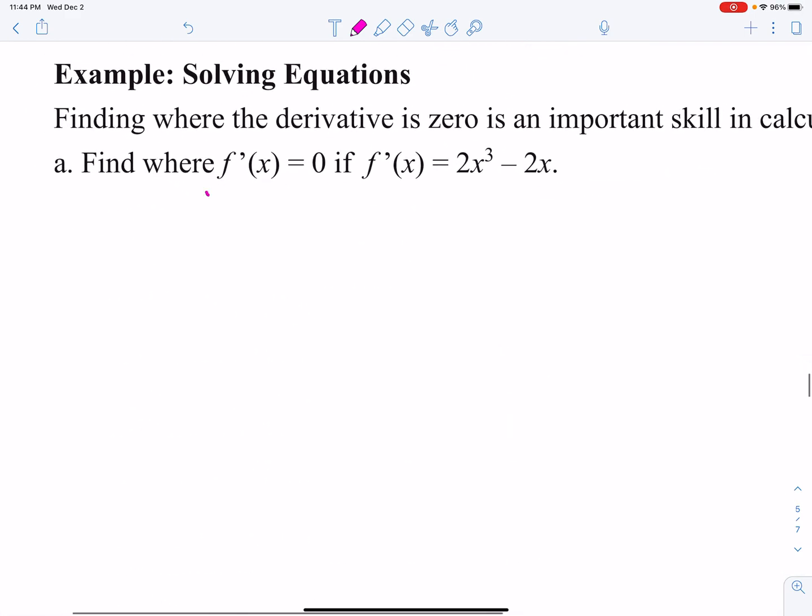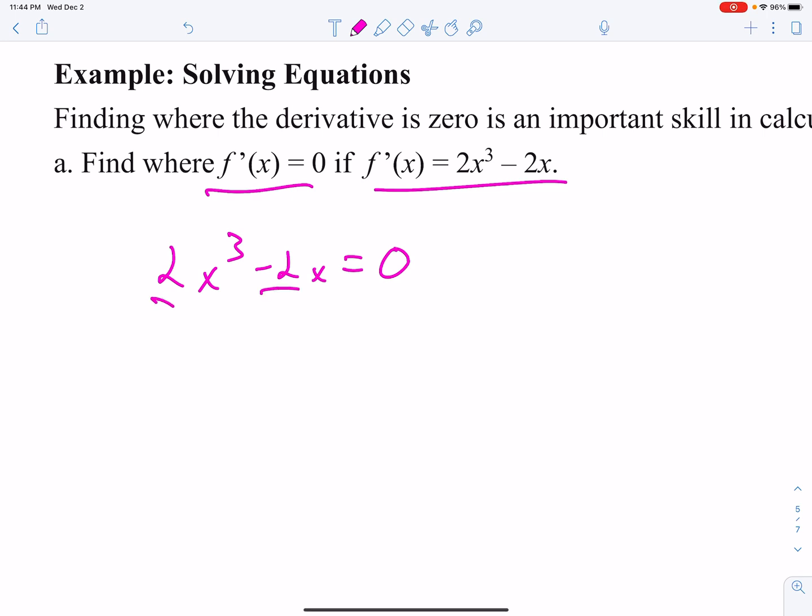So another one. If the derivative equals 0, find where f prime of x equals 0 if that's your function. So we take the function 2x to the third minus 2x and set it equal to 0. All right, so we can see right away we have a 2 in common, right? So what we can do is divide by 2 on both sides.